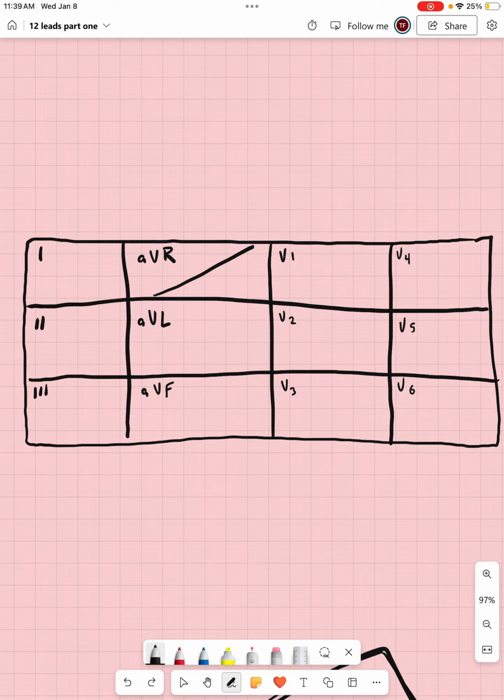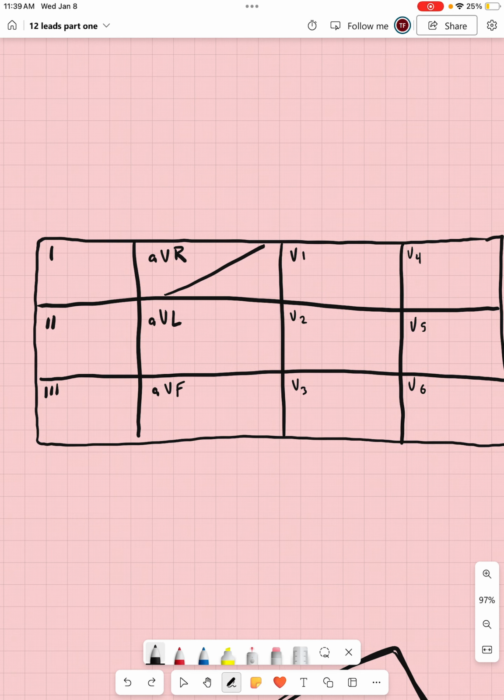Pardon me, got some notes here. I just want to make sure I'm giving you correct information. All right, so starting with lead 1, that is going to cover our lateral portion of our heart. Lead 2 is going to cover the inferior portion, as is lead 3.